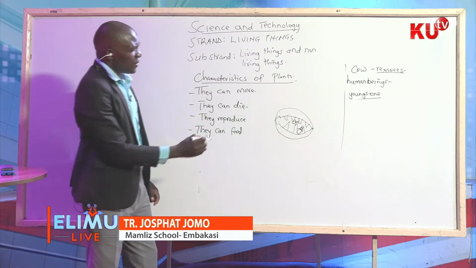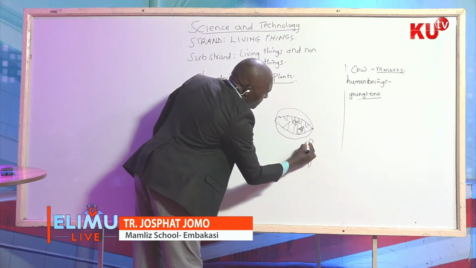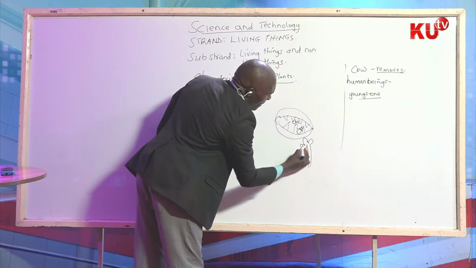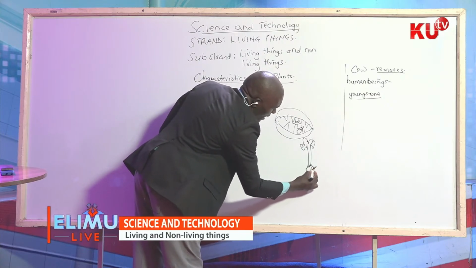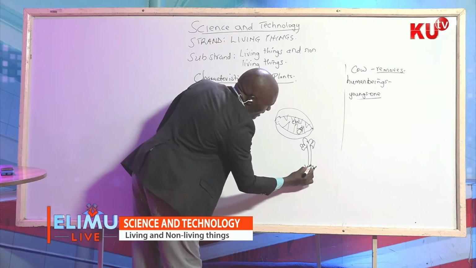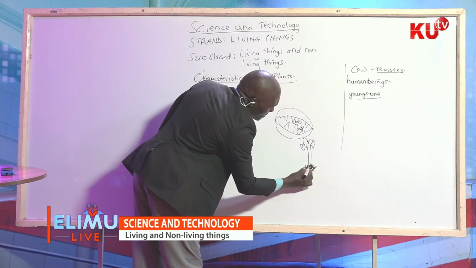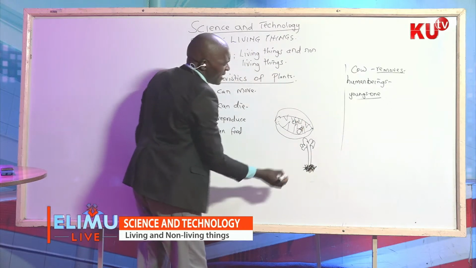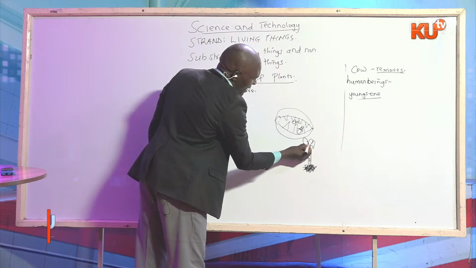And number two, we also have a plant that is able to trap some nutrients from the soil. It can trap some things in the soil. We call them the nutrients. For example, if you put manure here, this plant, for it to survive healthy, will take in the manure.